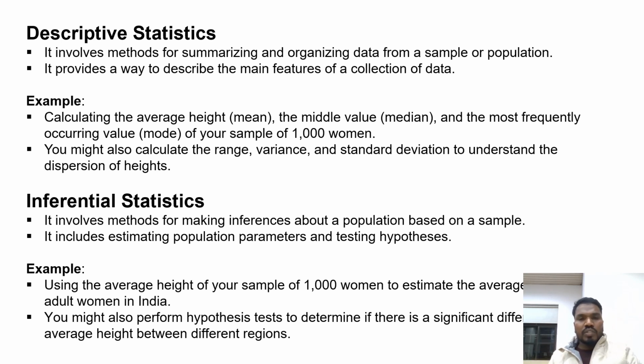Descriptive statistics is nothing but this: we have a target group, then we find the attributes, with statistical measures such as average, median, mode, standard deviation, variance, and range. So we fix a target group, then we find these measures for that particular target group. That is called descriptive statistics in very simple language.